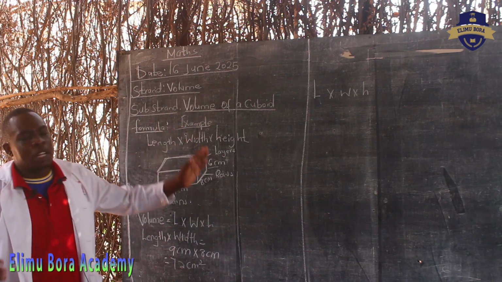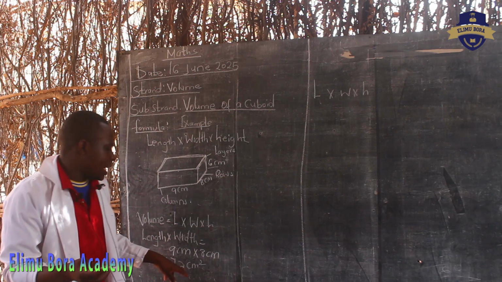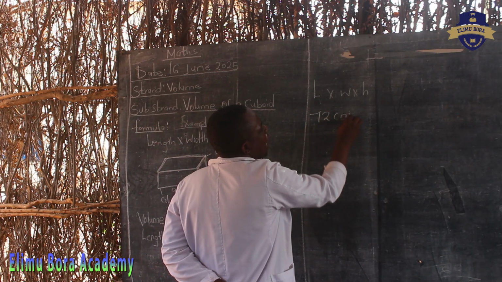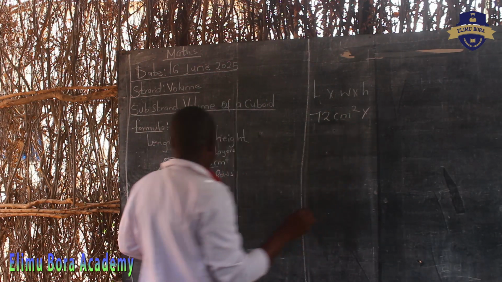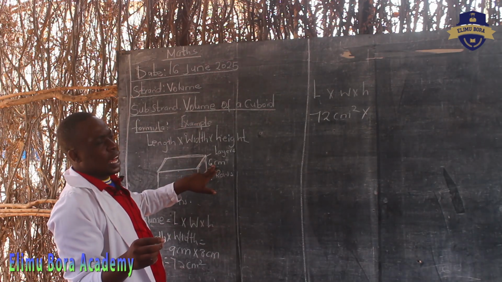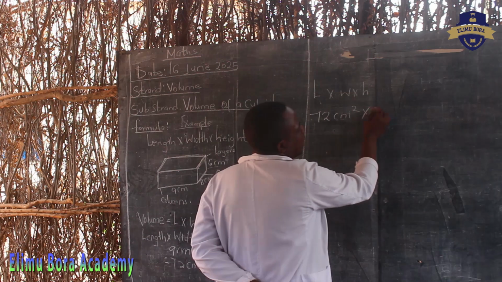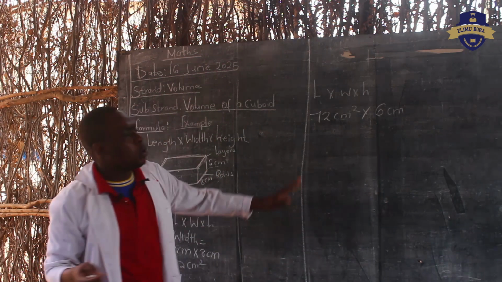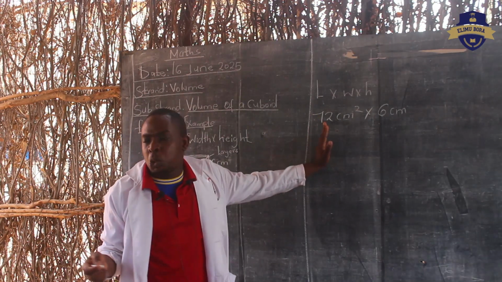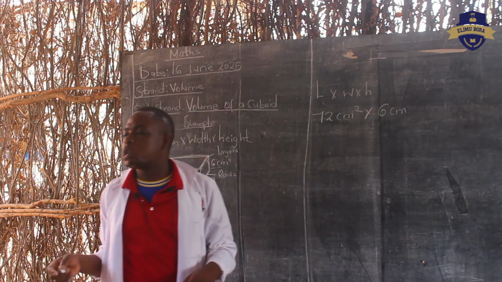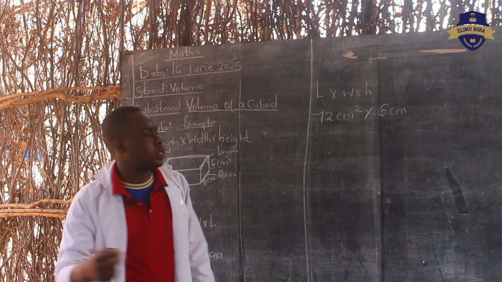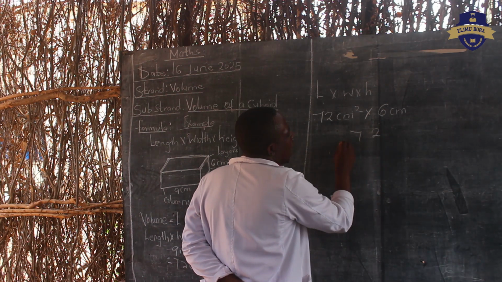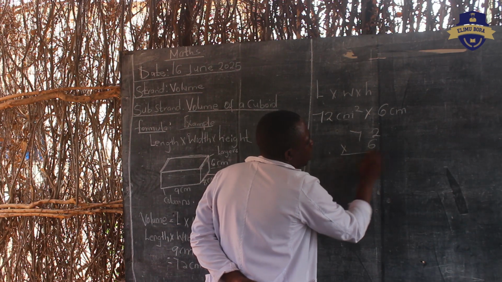Now we want to find the volume. So we take this 72 centimeter square times the layer, which is 6 centimeters. When we multiply 72 times 6, we write 72 times 6.